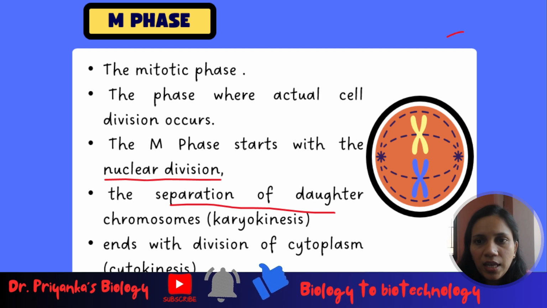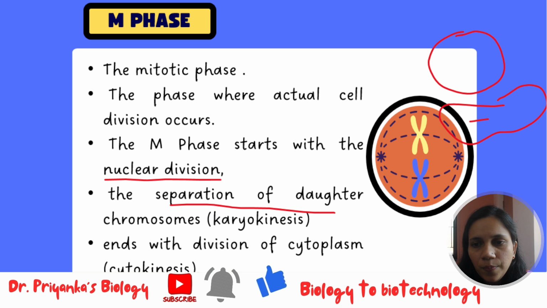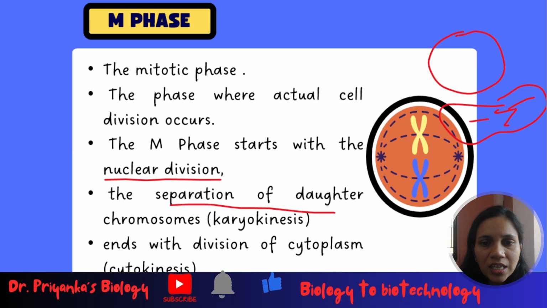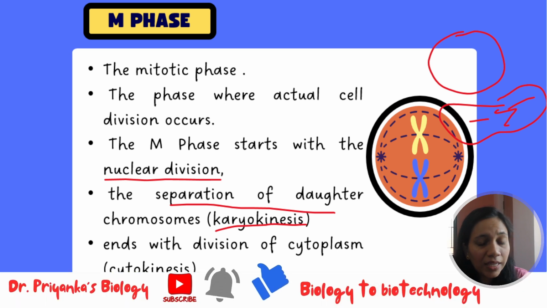So we have a cell. First it is going to be the nuclear separation. Then we have the chromosomes. Even these chromosomes have to get separated. This is called karyokinesis. Karyon stands for nucleus, so separation of daughter chromosomes is karyokinesis.